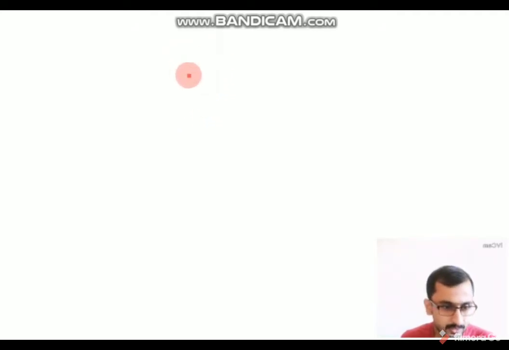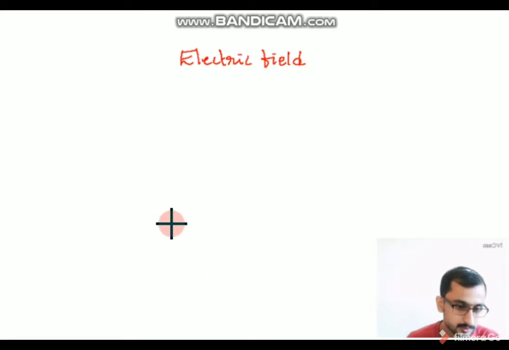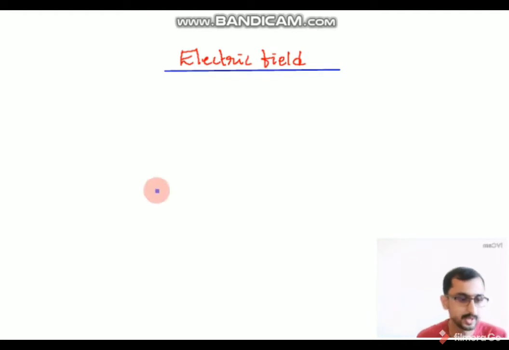So electric field due to a point charge. Let's consider a charge, let it be some charge q.